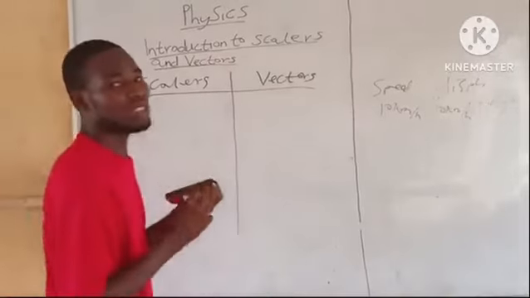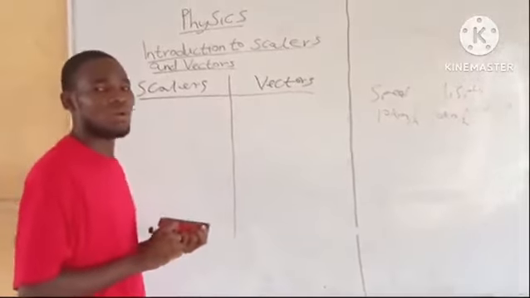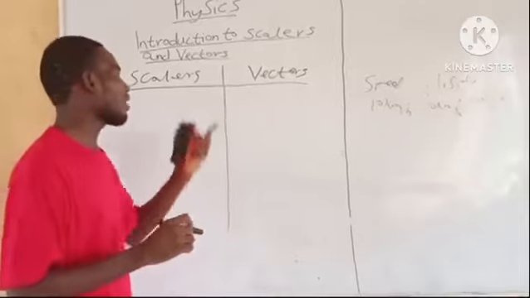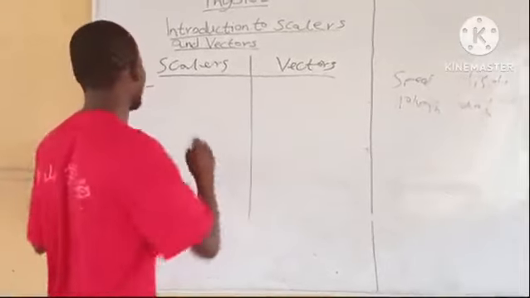Number one difference between scalars and vectors is that scalar quantities have only magnitude, while vector quantities have both magnitude and direction.